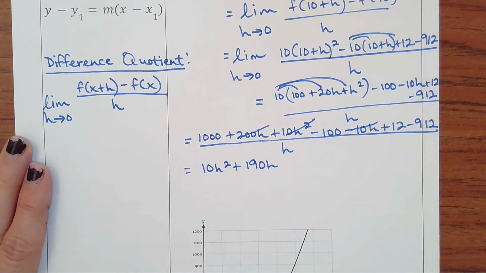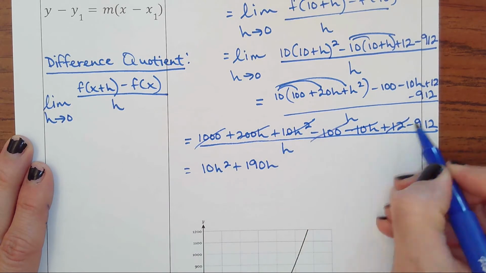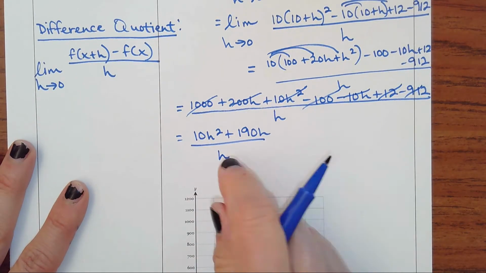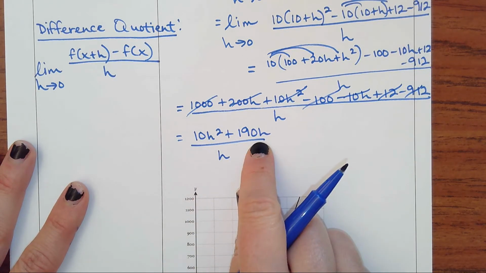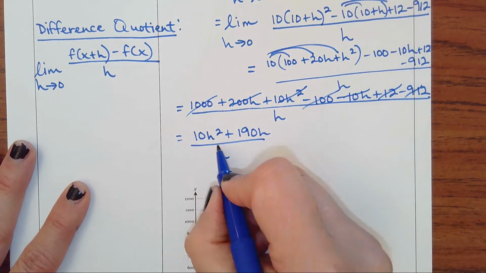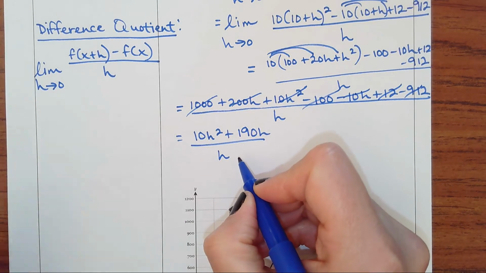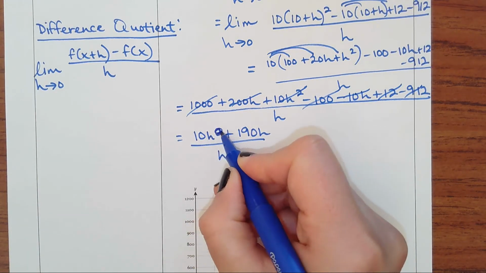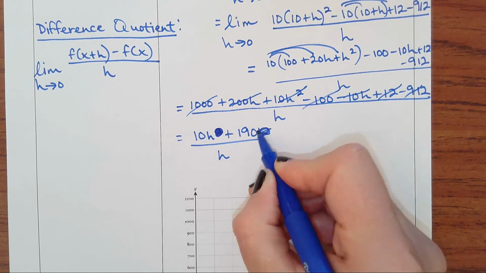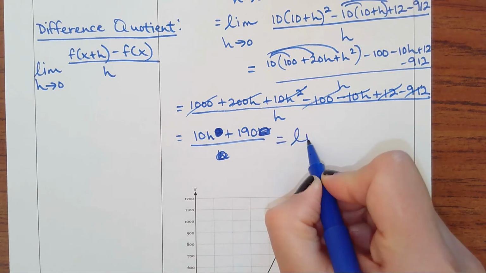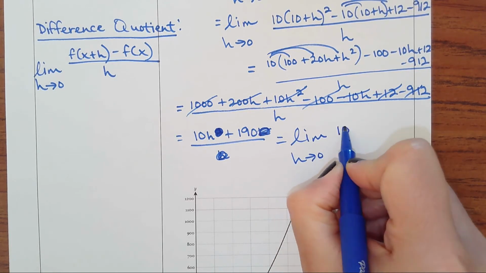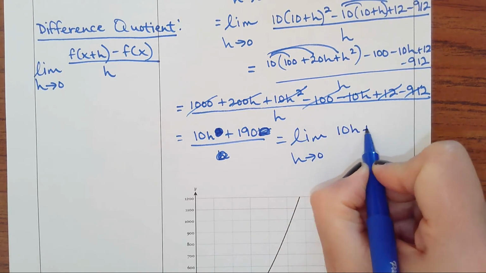Yep, that made 0, so those are gone. And then we want to factor out an h. So your choices are to either take out an h from the top and then divide that away, or just divide each term by h right here. I like to just go on and divide them out. So h squared divided by h will now make this an h. h divided by h makes this go away. And remember, this is still finding the limit as h goes to 0 of 10h plus 190.